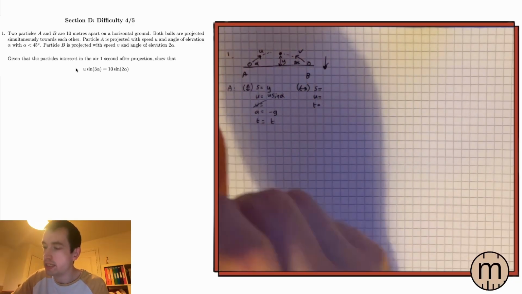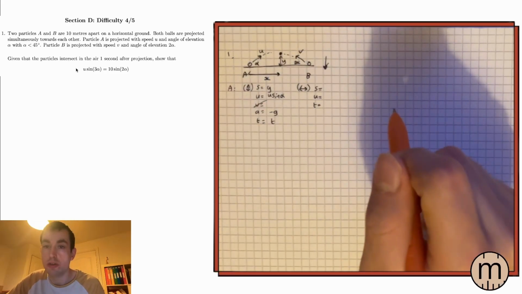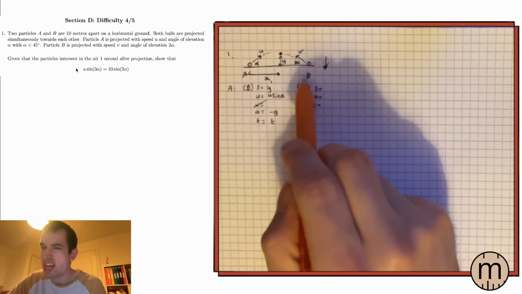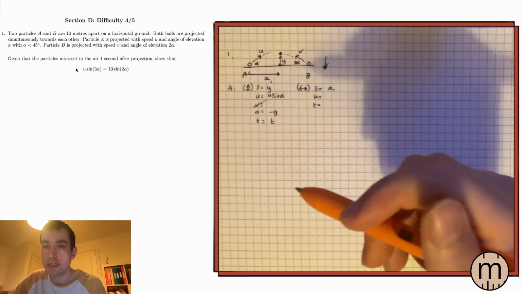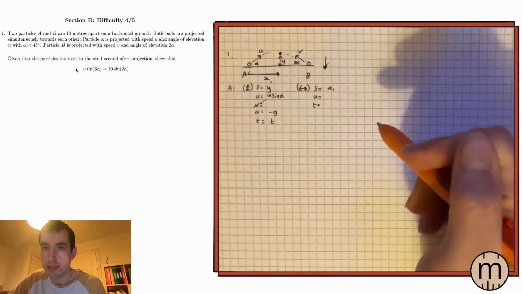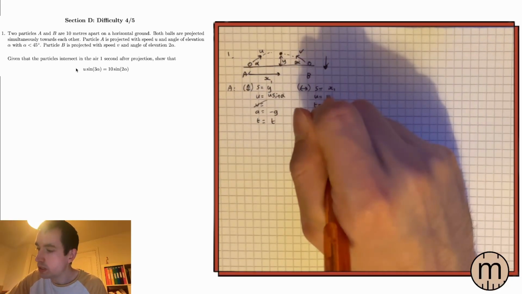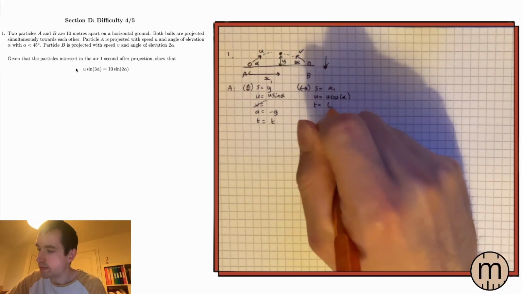S is going to be the distance, and that's going to look like this, which I'll call X. In fact, I'll call X1 because we're going to need X2 later on. U is going to be the speed side to side, and that's going to be the horizontal component of U, which we're going to call U cos alpha. And then T is T.